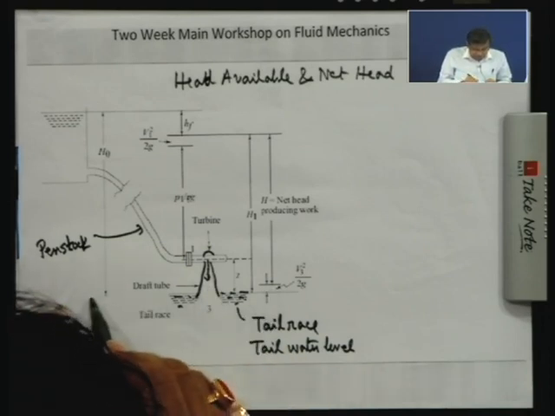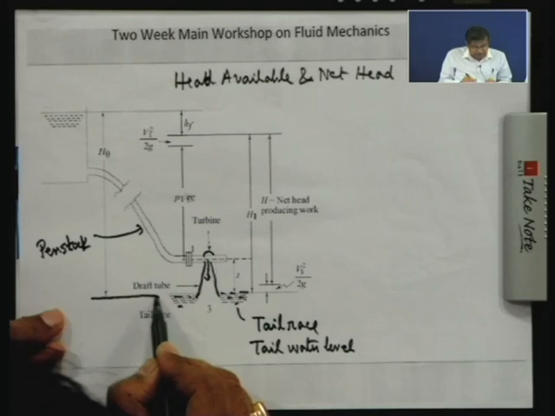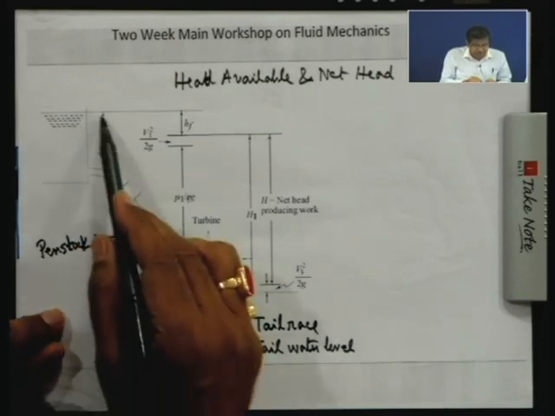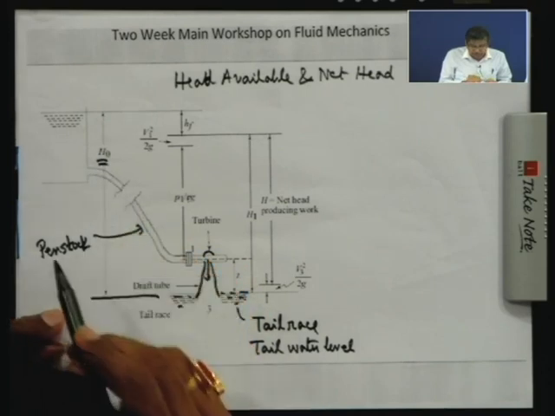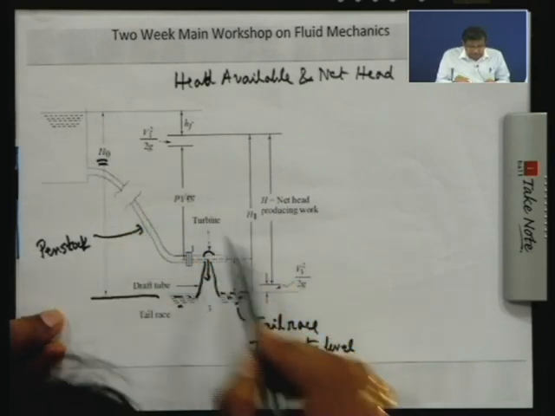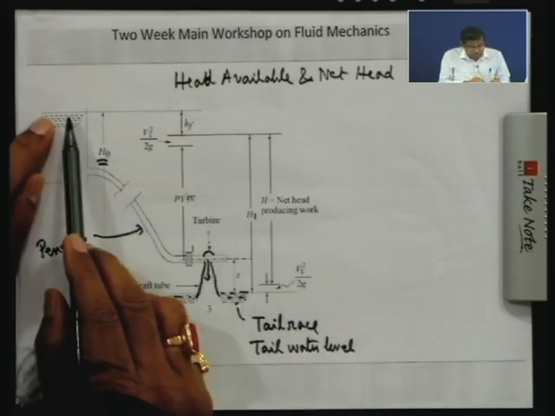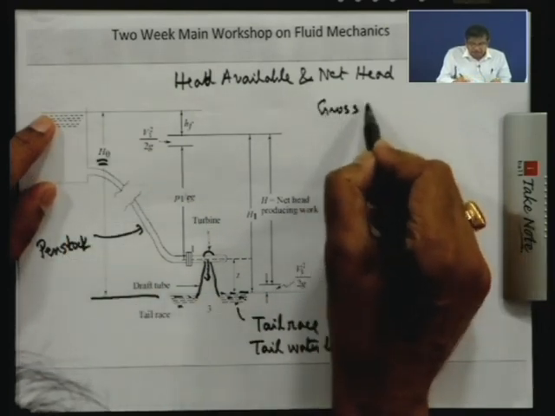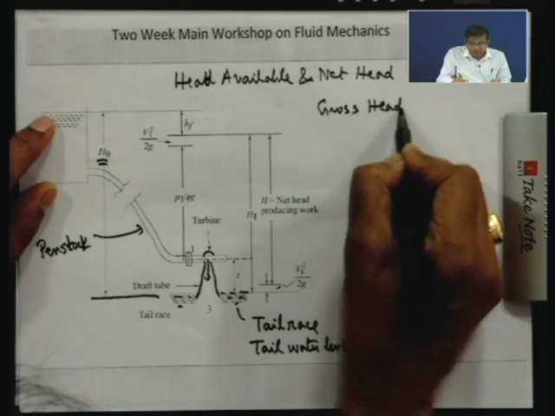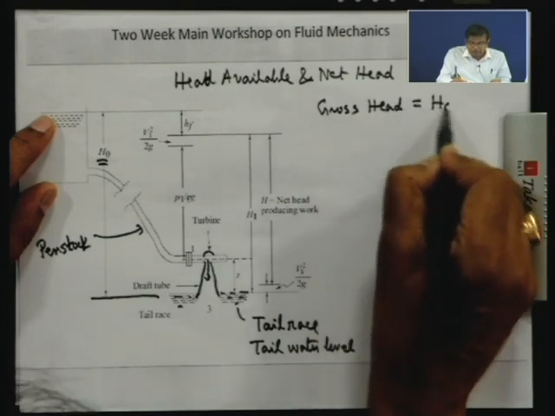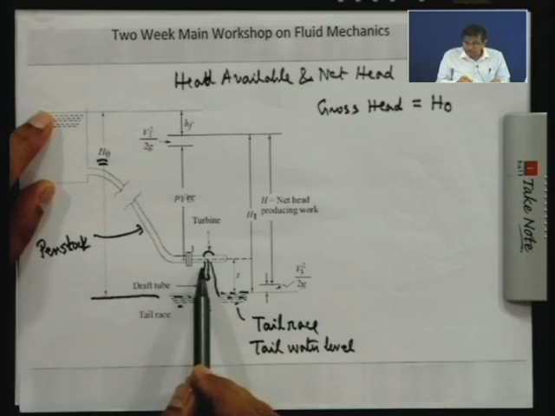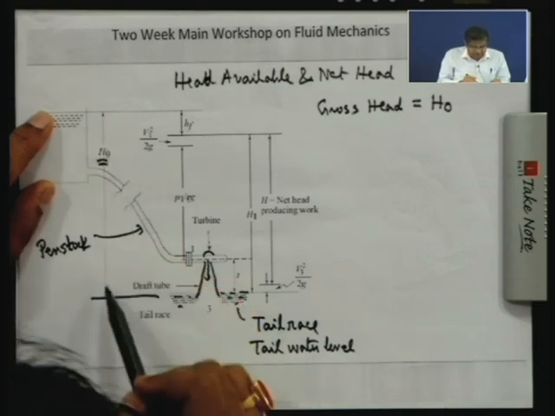From this datum at the tail race or tail water level, the height of the reservoir is denoted by H0. Therefore, the gross head available is H0. Gross head means energy per unit weight is H0, because this is the potential energy of the water which is being utilized to develop power.